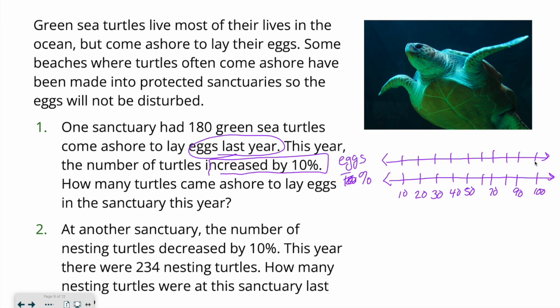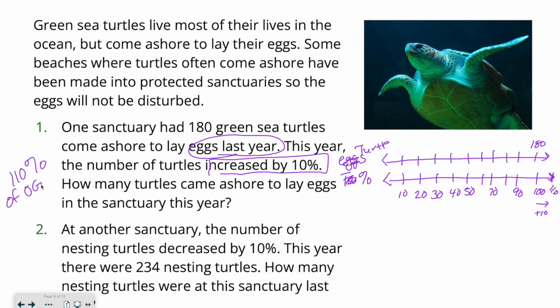One sanctuary had 180 sea turtles come ashore to lay eggs. I guess that would be turtles, not eggs. Last year. So that's my original 180. If I'm increasing it 10%, I actually need to go up here to 110% of the original.